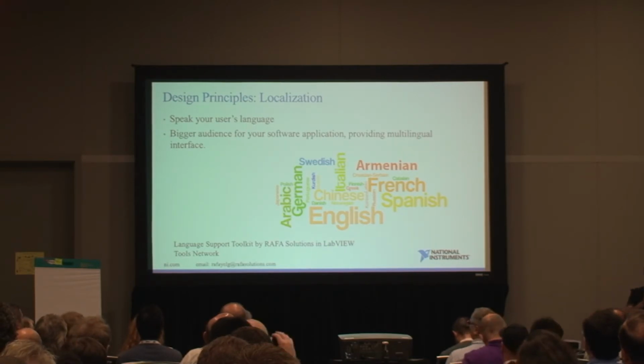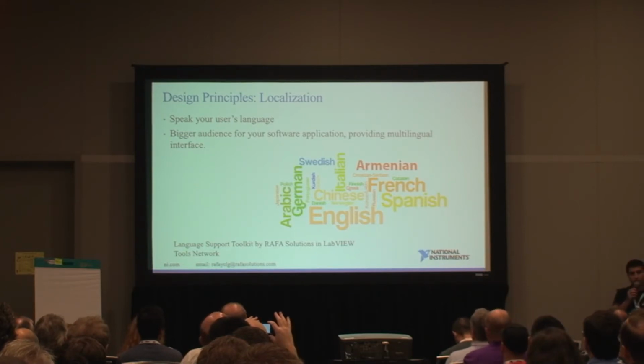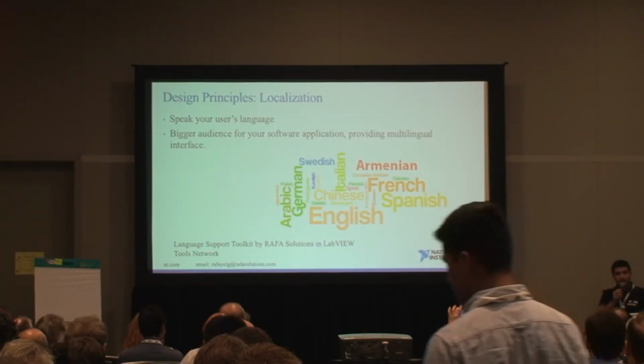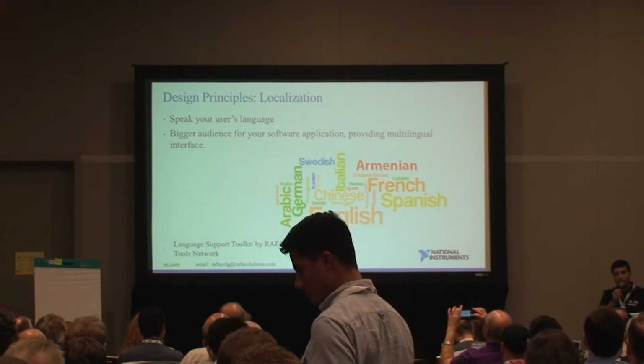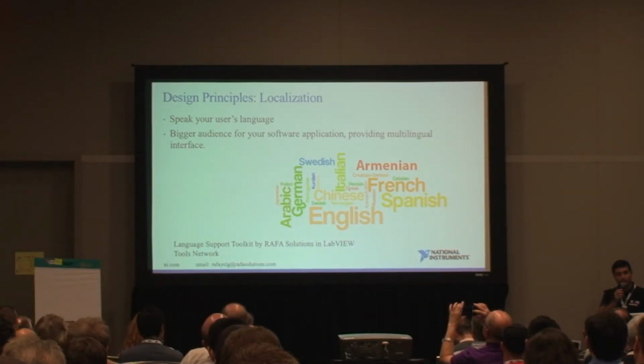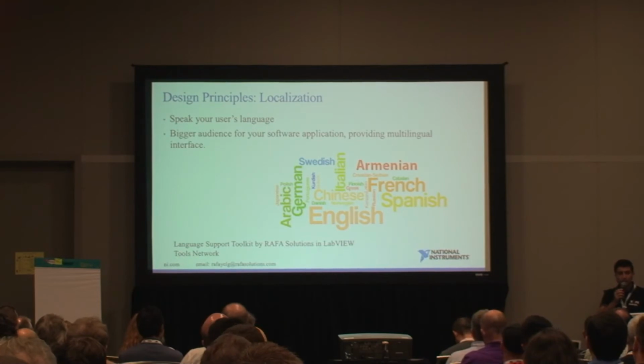So what we did is we are always trying to match the language that our customers are speaking. And how it makes our life easy is that we developed our own language support toolkit for LabVIEW. Basically, when you use this toolkit during development, later on, every time you add a new language it is just translation.